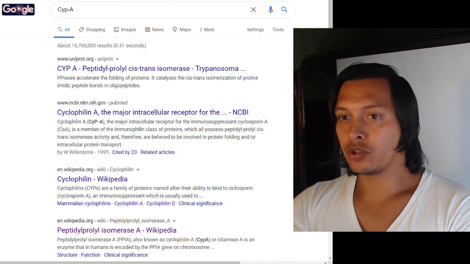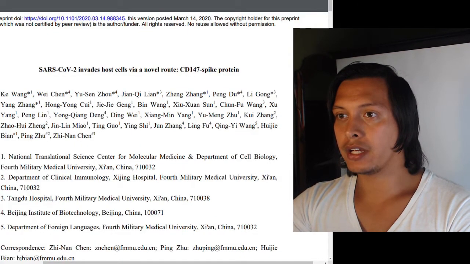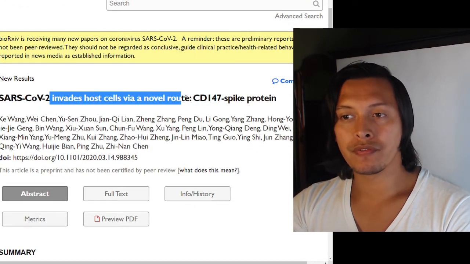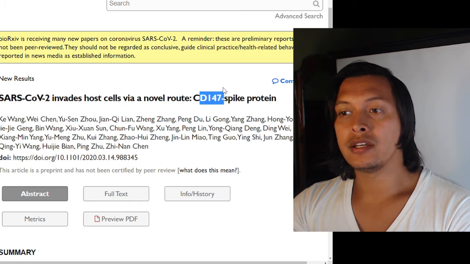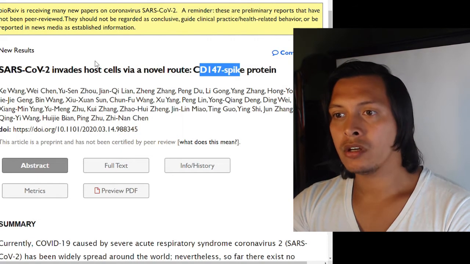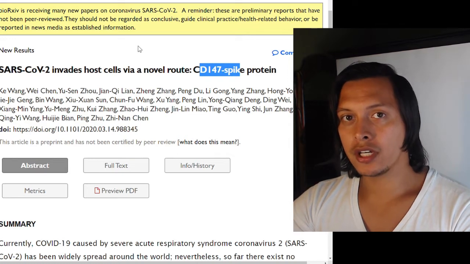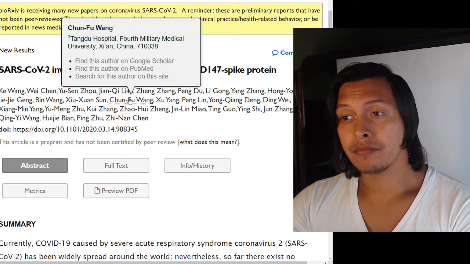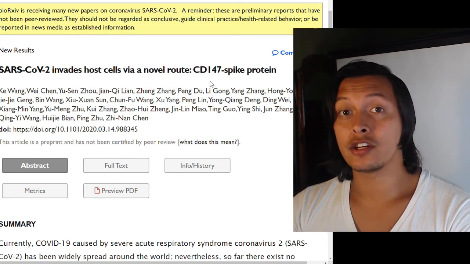So with that, what I want to shift my attention to is this paper, "SARS-CoV-2 invades host cells through a novel route, the CD147 spike protein." So remember, I was talking about the nucleocapsid protein for the original SARS, but here they're saying that it's not the nucleocapsid protein.